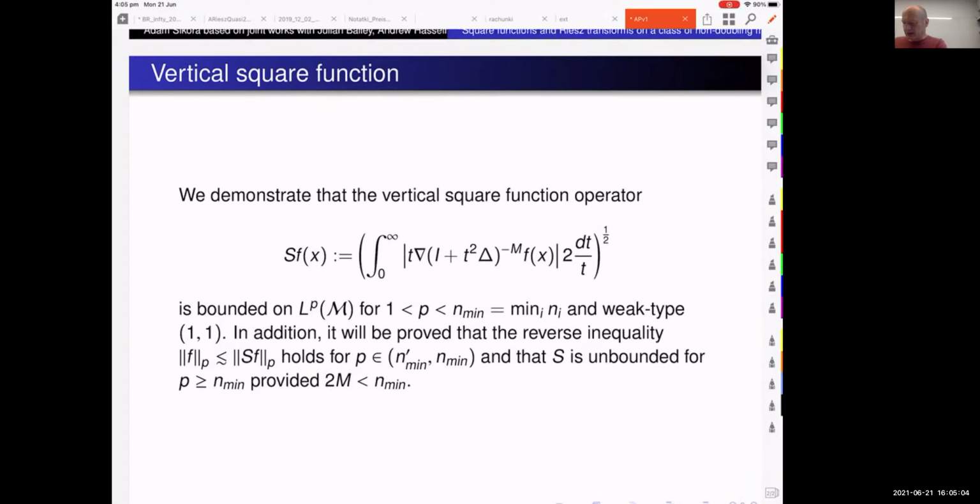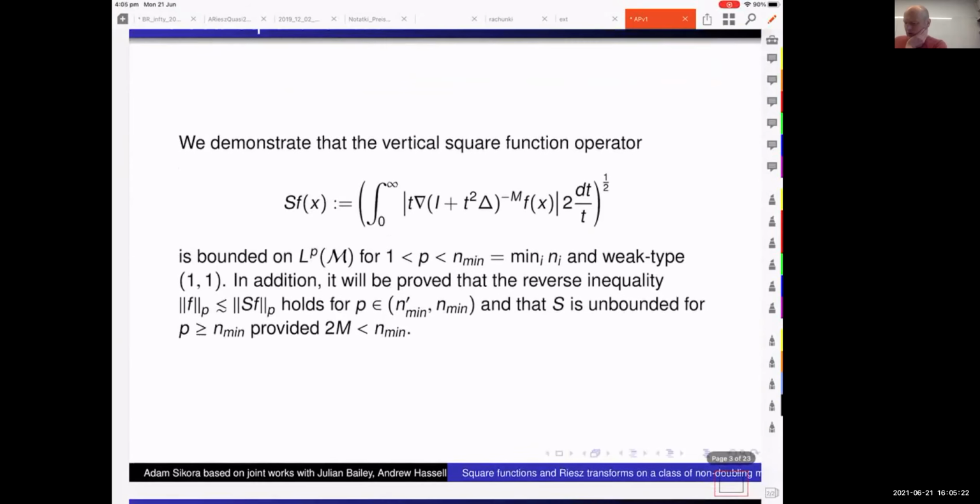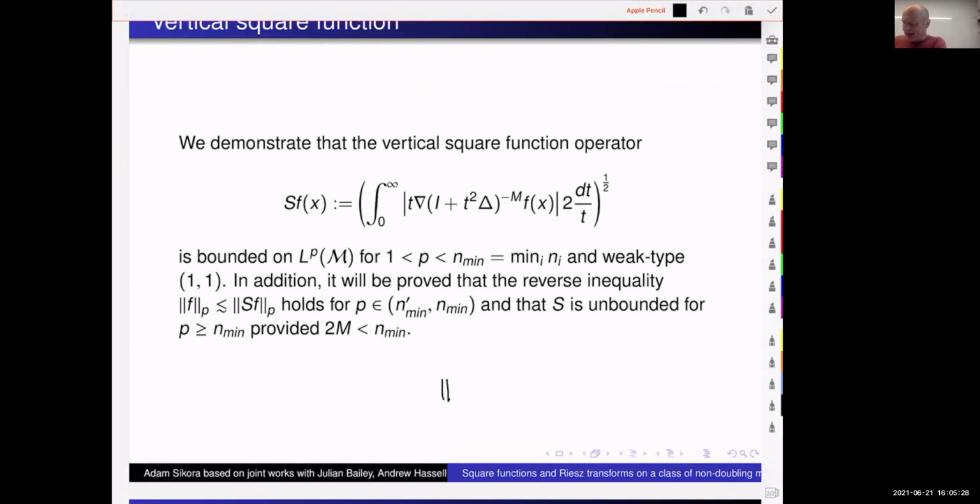I take the gradient of the resolvent of order capital M, apply this to the function f, and then integrate from 0 to infinity. You can quite easily check that this is an isometry on L2. So if you calculate SF on L2, this will be proportional or even equal to the L2 norm of the function f.